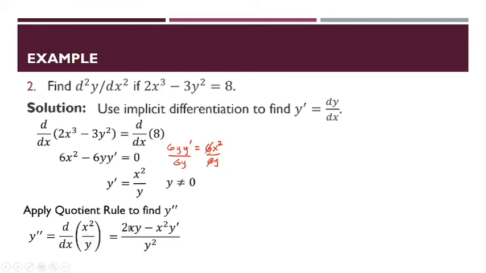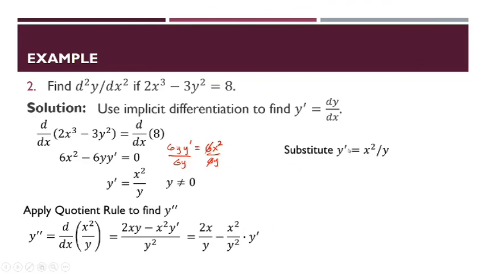So ito yung low d high or lower times derivative of higher, so 2x na lang yon, minus high, x squared, and derivative of low, so we have y prime, over low, or y squared. And simplifying this, we have 2xy over y squared. So, canceling 1y. So, we have 2x over y na lang minus x squared y prime over y squared. So, we have x squared over y squared times yung y prime.